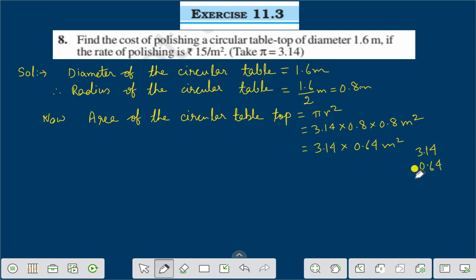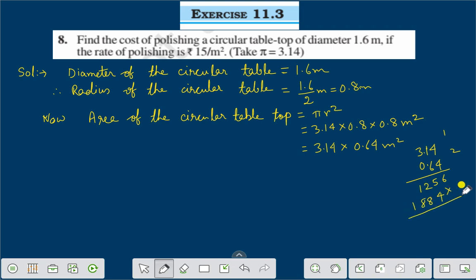We multiply: 4 4s are 16, carry 1, it is 6. 4 ones are 4 plus 1 is 5. 3 4s are 12. 6 4s are 24, 2, it is 4. 6 ones are 6 plus 2 is 8. And 3 6s are 18.